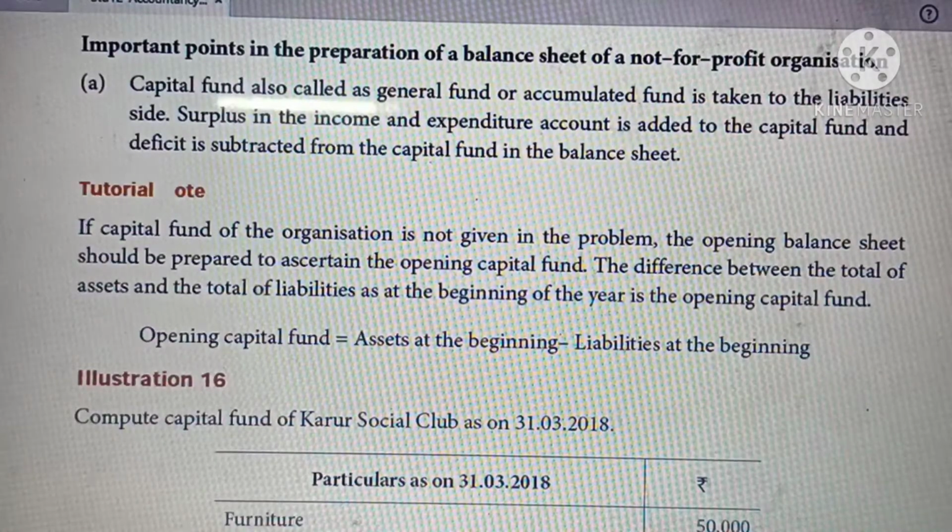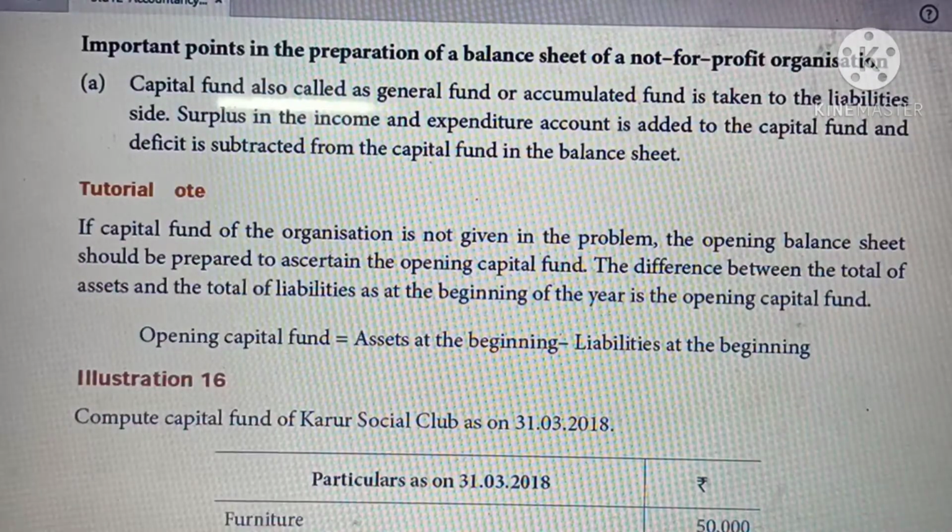Here they are given a capital fund. That is a difference between a trading concern balance sheet and a not-for-profit organization balance sheet. This capital fund we have to show on the liability side of the balance sheet.